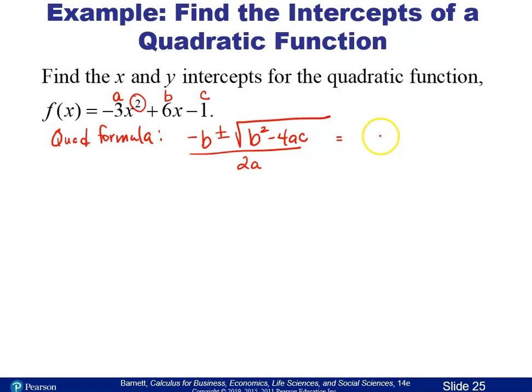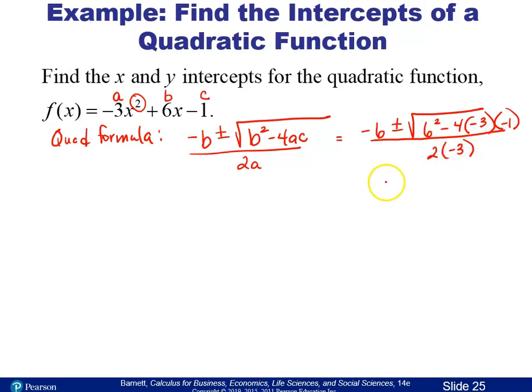So that would be negative 6, because B is 6, plus or minus the square root of 6 squared minus 4 times negative 3 for the A and negative 1 for the C, and then over 2 times negative 3 for the A.